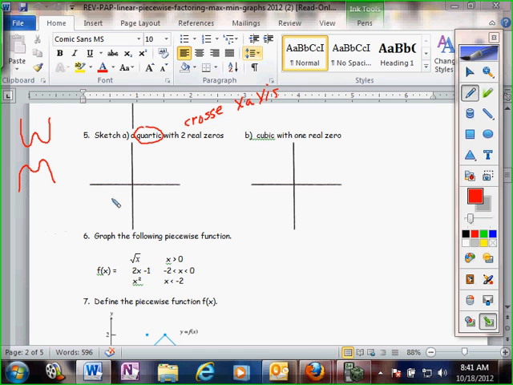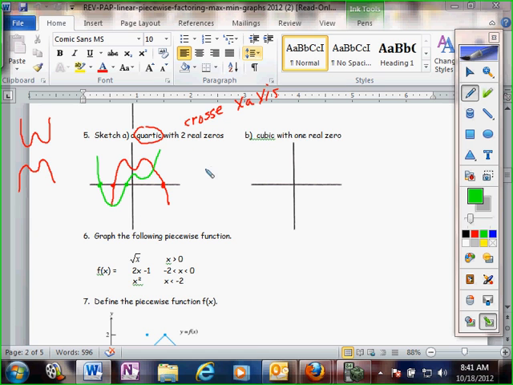But if I want 2 real zeros, here's a real easy way to do it. There's one. There's one. Done. I could have done it a different way, but that's one way to do it. Another way I could have done it is there's 1, there's 2, and then these last 2 kind of go up like that. I've got 2 real zeros. 1 there, and I've got 1 there.